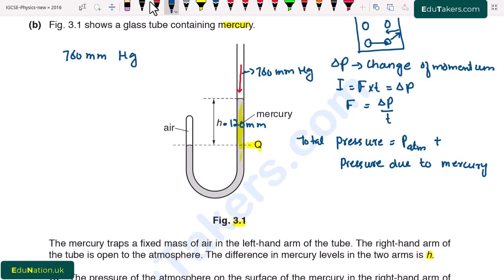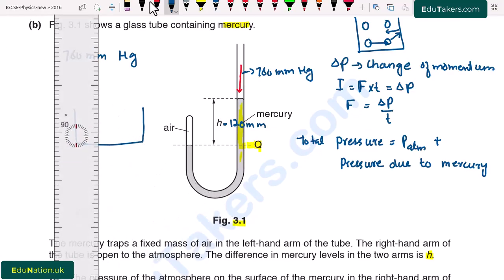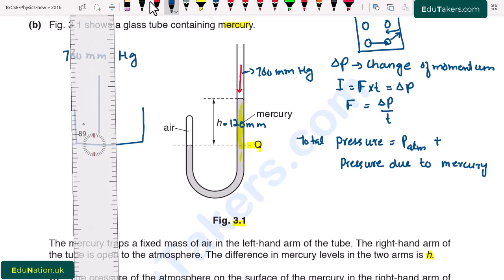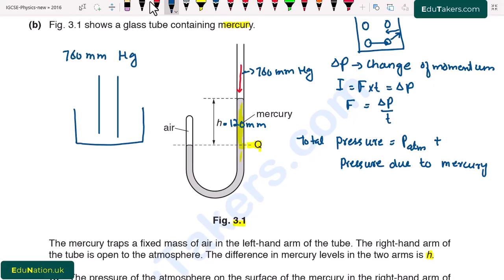If I suppose that there is a mercury barometer, and inside this there is a tube, and there is mercury inside this.